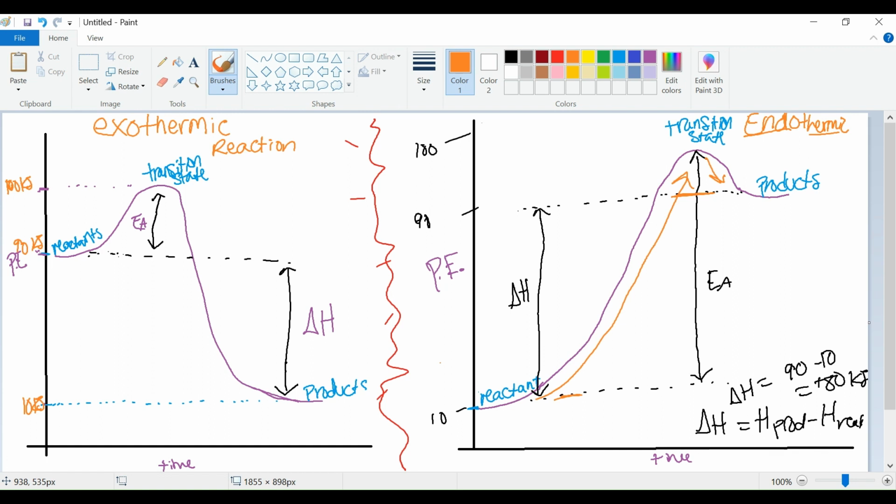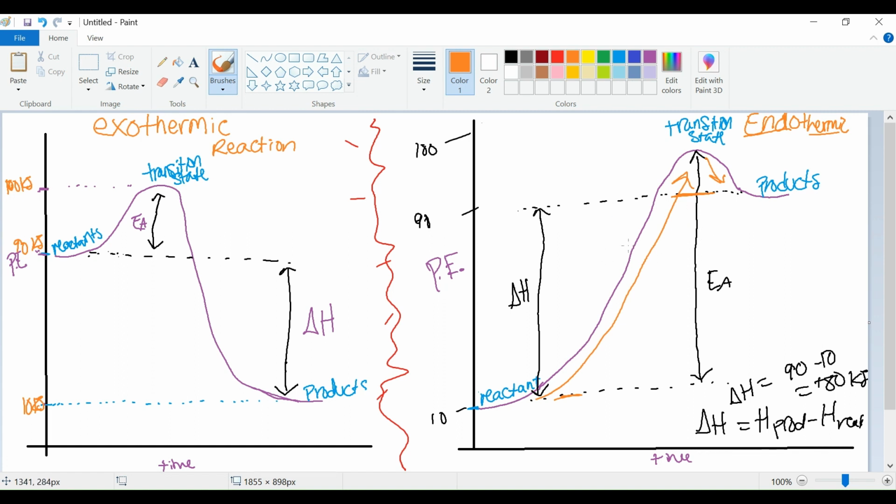The reaction between vinegar and baking soda making carbon dioxide, that's an endothermic reaction. It will feel cold to the touch. So you will feel that reaction pulling in heat from your hand and using that heat energy to create its transition state in order to make carbon dioxide.